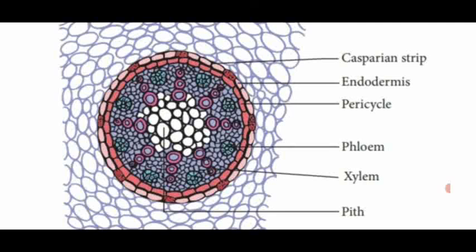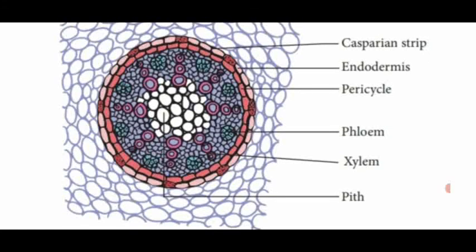Xylem alternates with phloem on different radii. So radial vascular bundle. At the same time, many xylem components are there. So polyarch condition. Poly means many. 1, 2, 3, 4, 5, 6 and 7 xylem components are there. So that is polyarch condition.